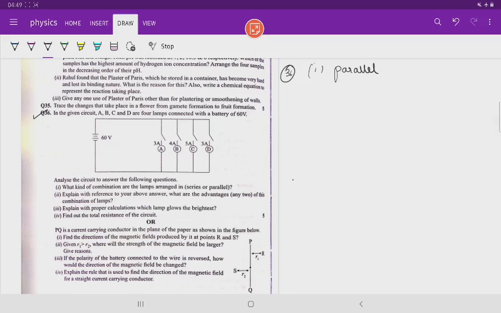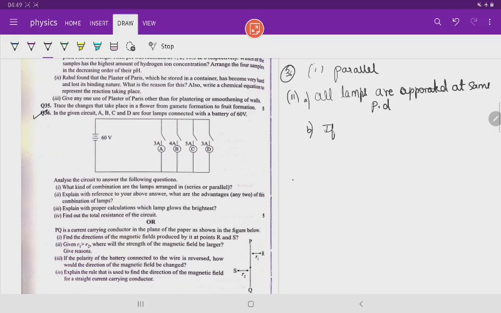Explain with reference to your above answer what the advantages of this combination of lamps are. Here all lamps are operated at the same voltage, the same potential difference. These are advantages.